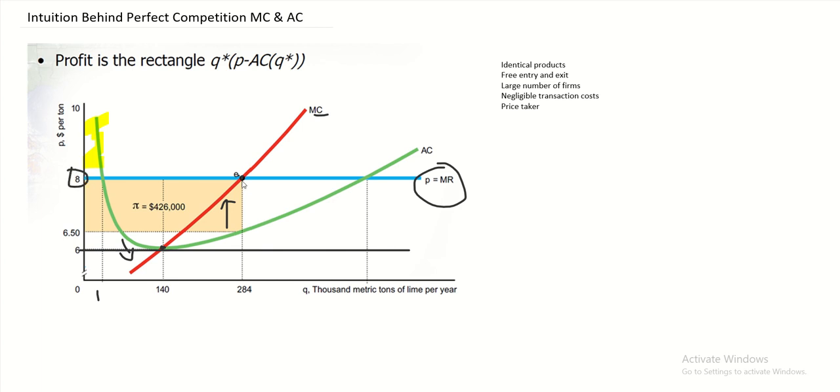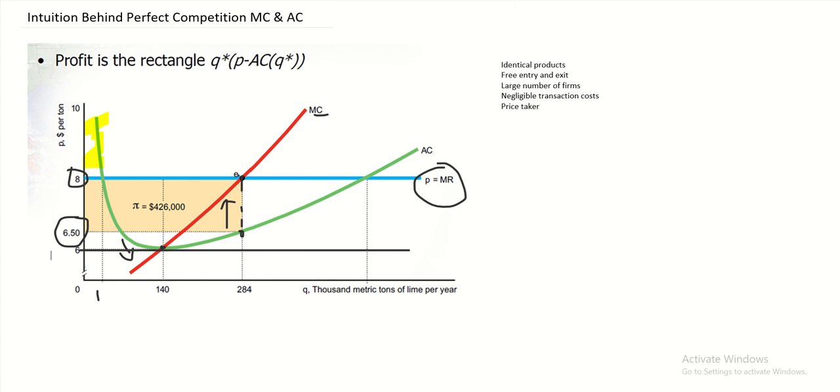So it can trace down to the cost of producing that unit, which gives us 6.5. This whole orange rectangle, 426,000 US dollars, gives us the total profit of operating at this point. Notice that this could only occur in the short run. Why?